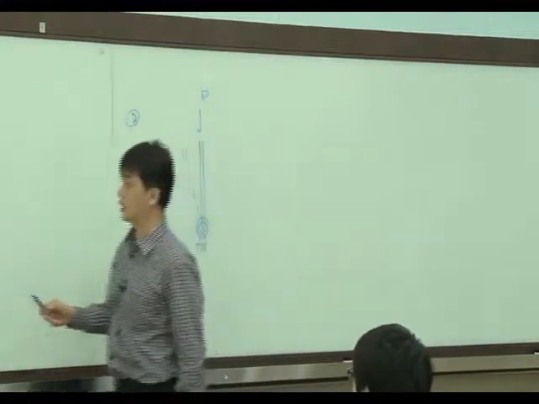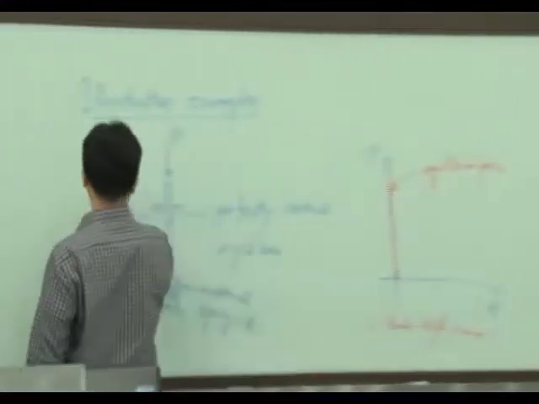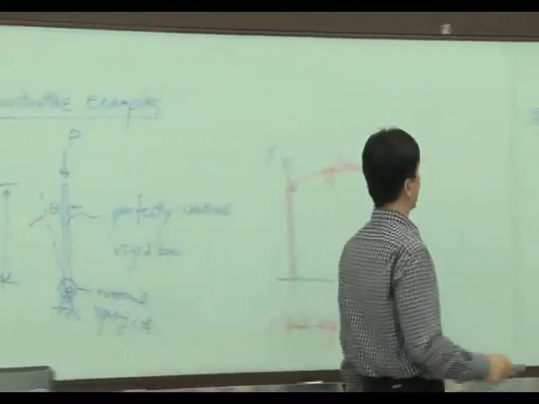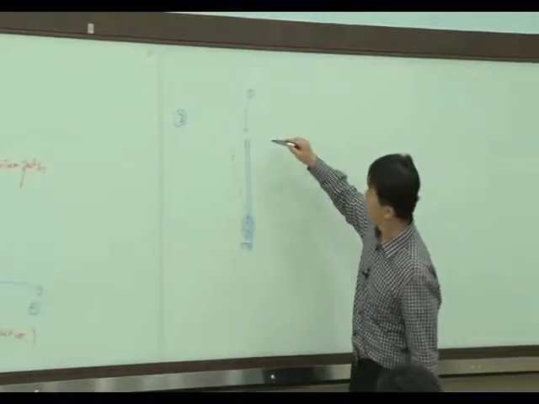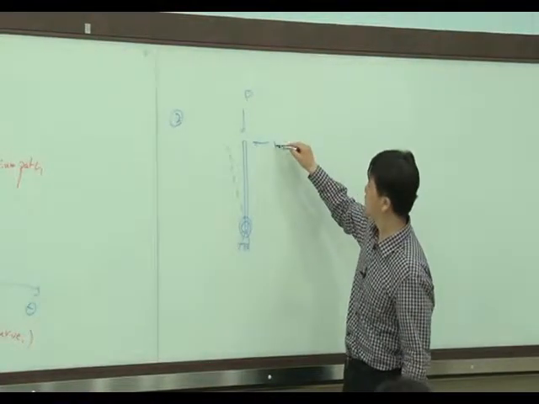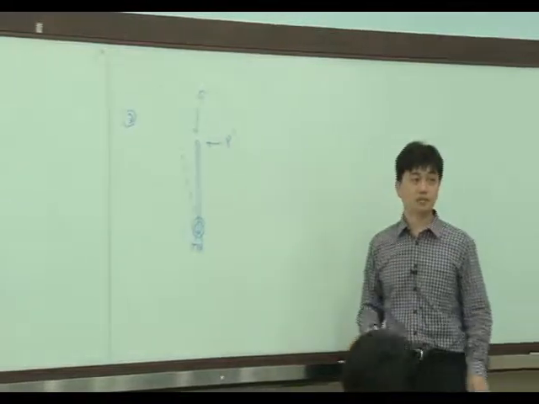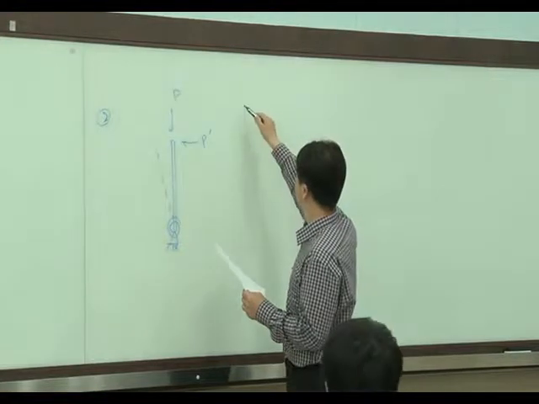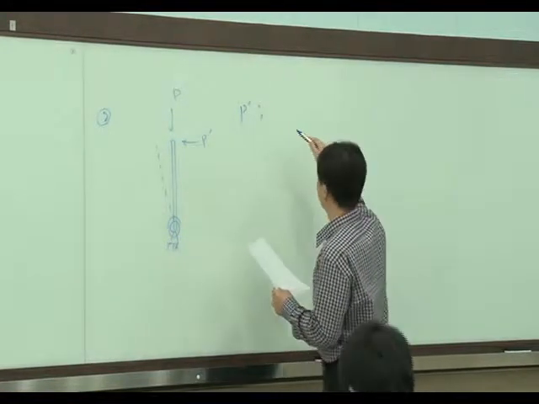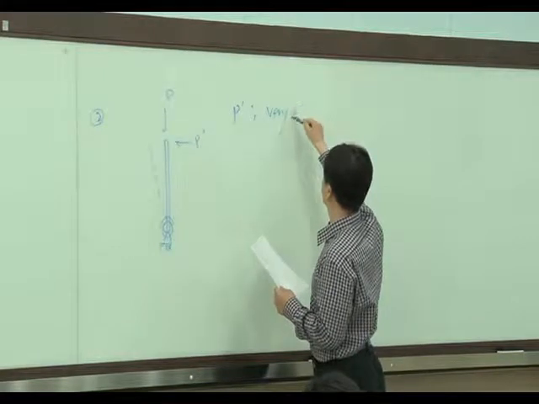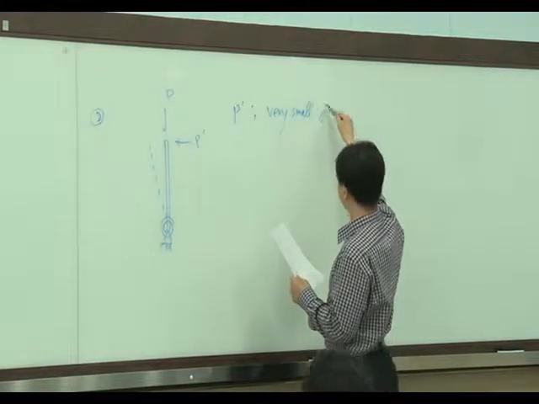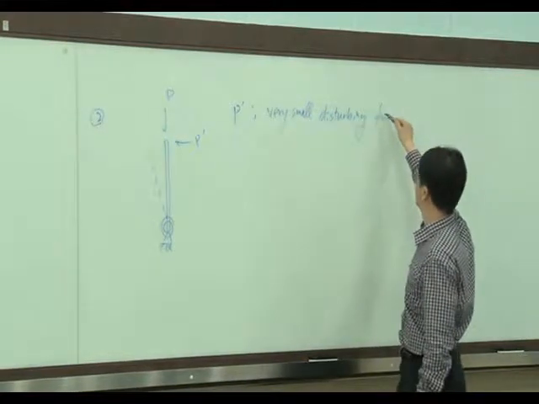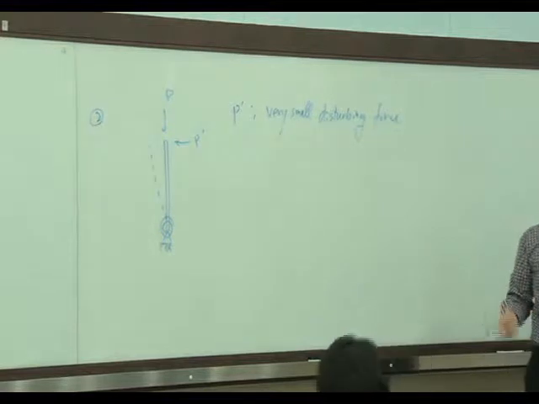The length is L. Same problem, but I'm going to apply a very, very tiny lateral pulse. Here P is a very small disturbing pulse. So this is very small.